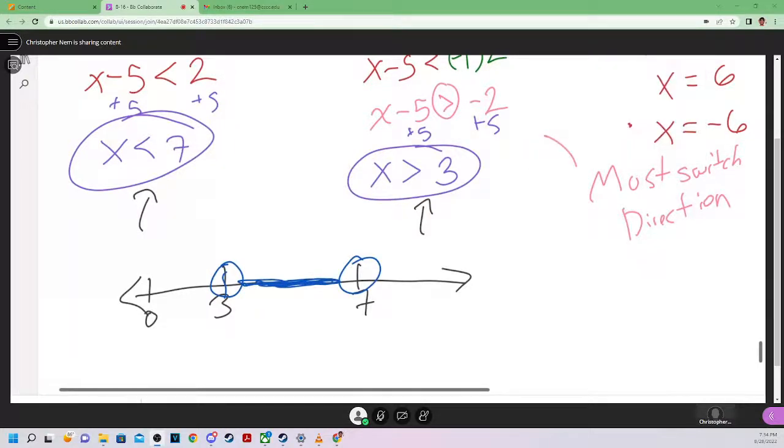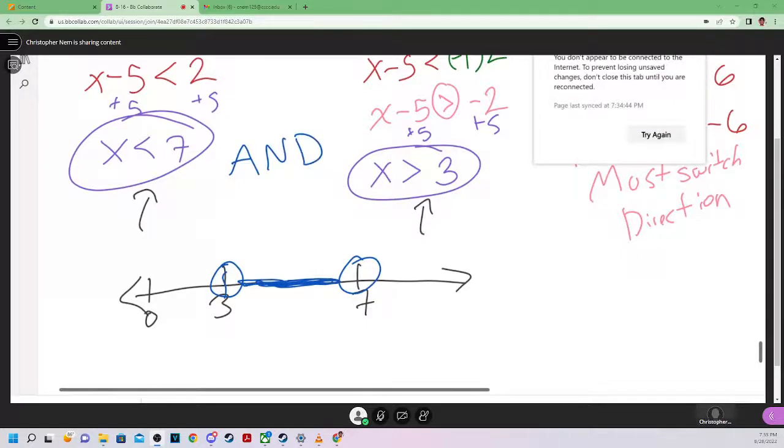So this is not really stated in there, but your solution is x is less than 7 and x is greater than 3. So it has to satisfy both conditions. Your solution has to not only be less than 7, but also has to be greater than 3.